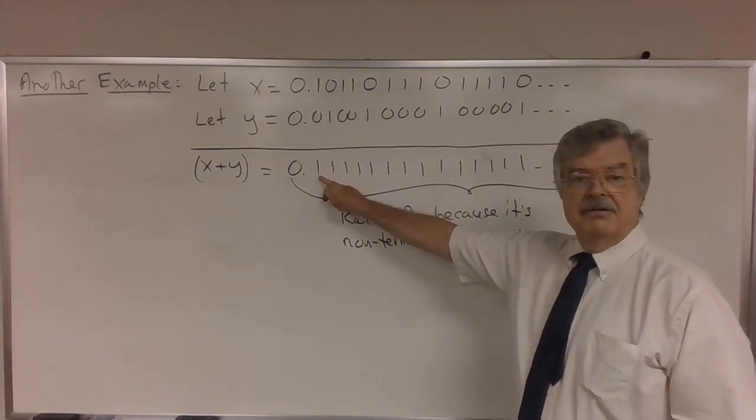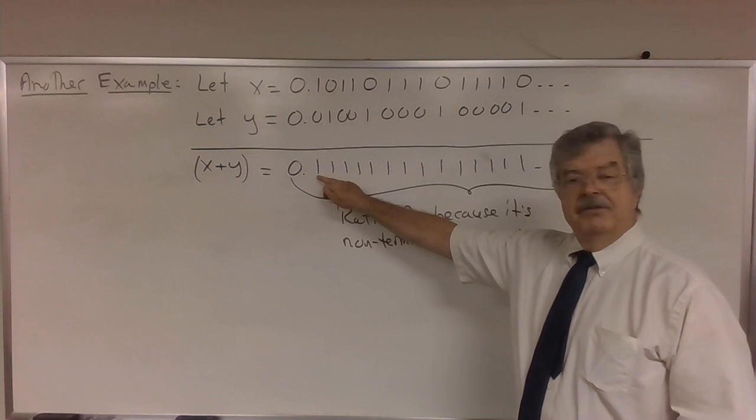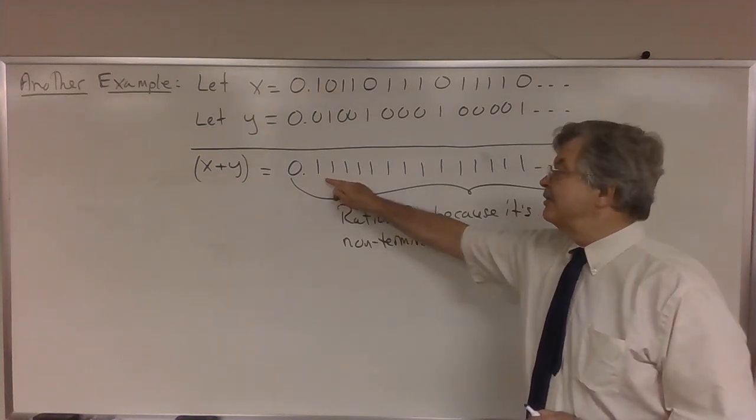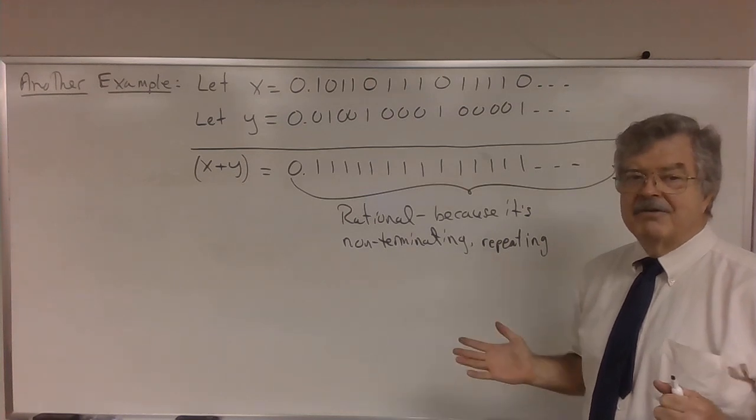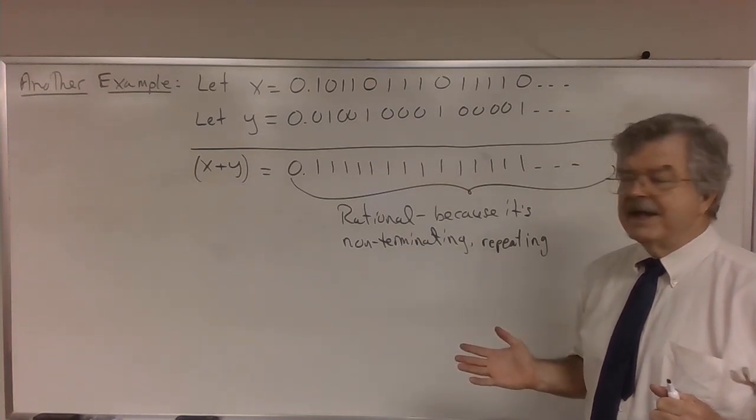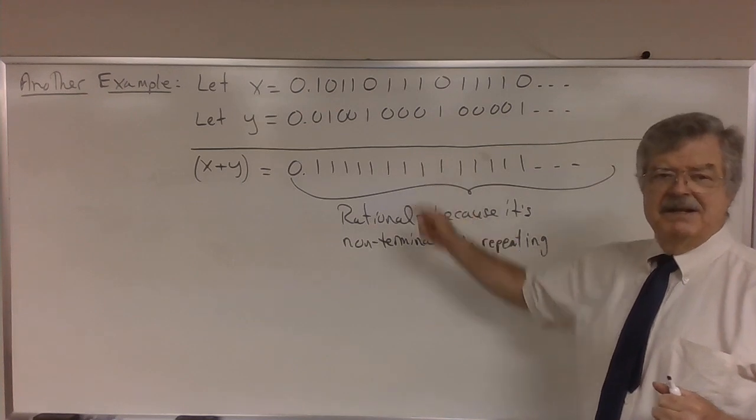This digit, this string of length 1, just keeps repeating infinitely. It's a non-terminating but repeating decimal.